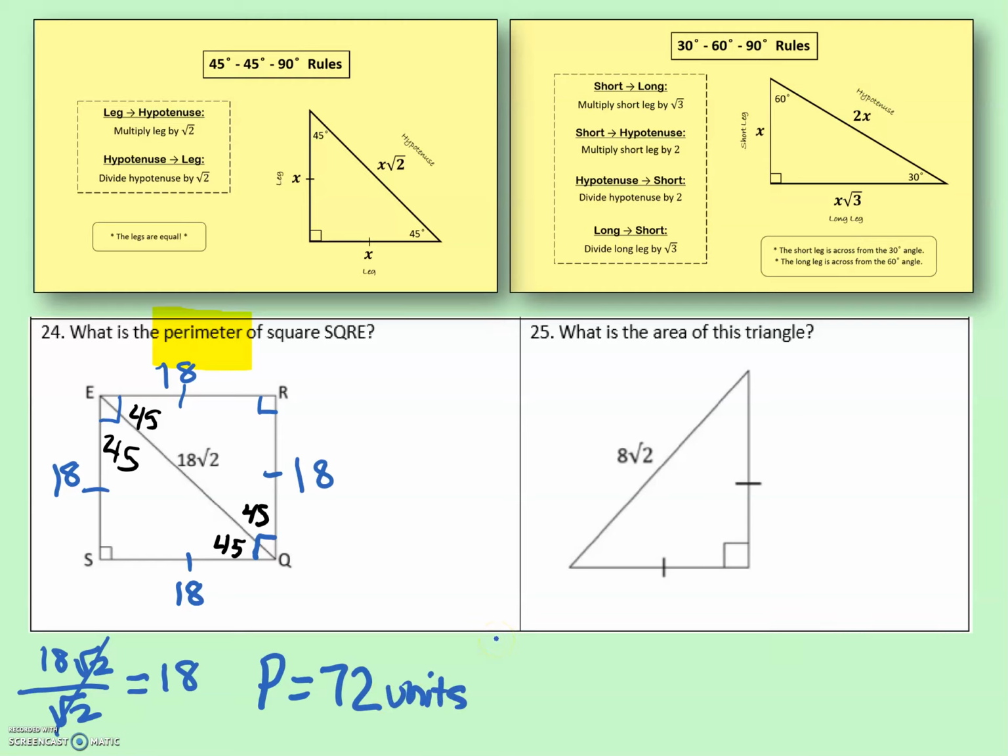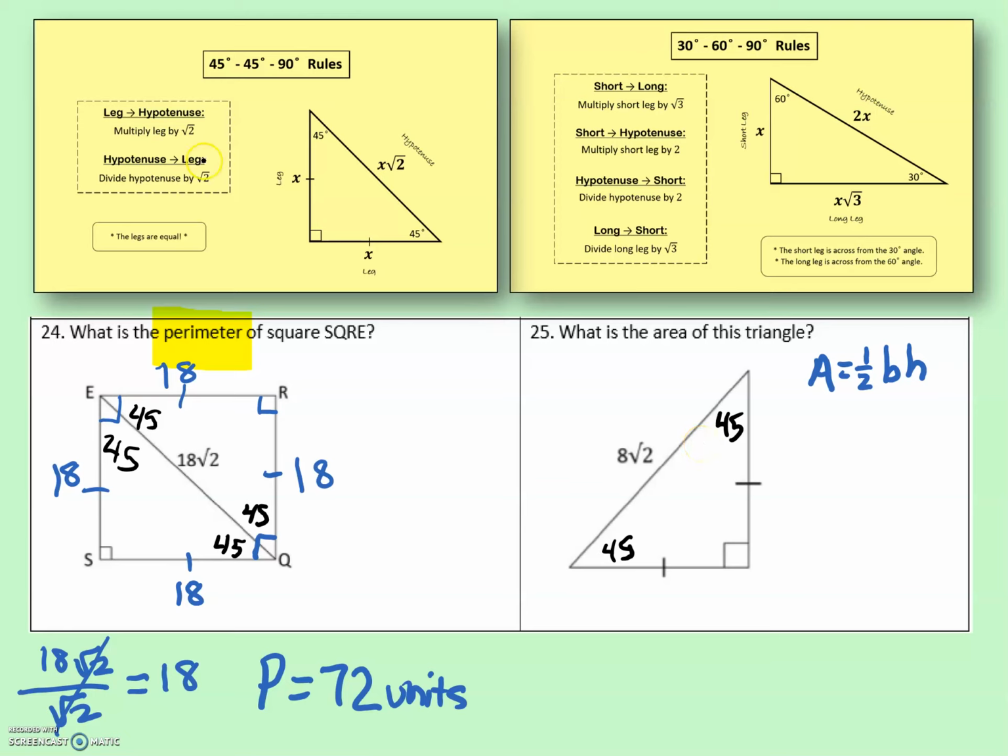All right. Number 25, the area, it asks for the area of a triangle. Well, we do know that area equals 1/2 base times height. Okay. And again, we know this is a 45, 45, 90 because we know that these legs are congruent. And it gives us the hypotenuse.